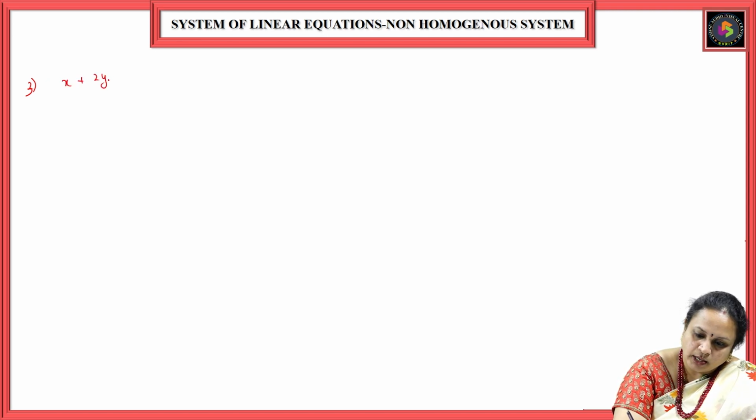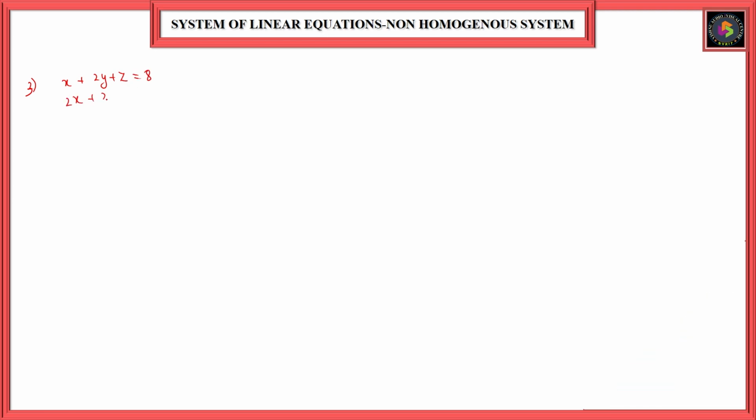X plus 2y plus z equal to 8. This is the given system of equations. Now, for this system, we have to find the values of alpha and beta for which the system has no solution, unique solution and many solutions.